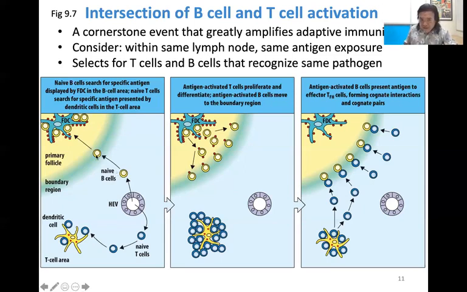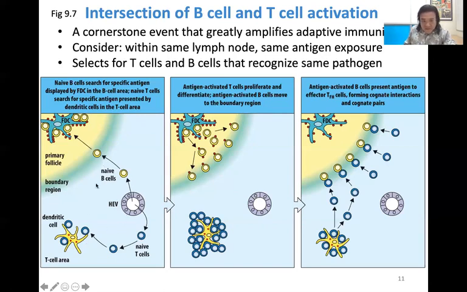So the naive B cells, as we said before, are encouraged to go up to the primary follicle, where they have a chance to see this antigen being presented by the follicular dendritic cells. Meanwhile, the naive T cells hang out in this light blue area, which we just call the T cell area of the lymph node, where normal, everyday, common dendritic cells have arrived. These are the ones we learned about before that packed up the antigen, trucked it over to the store, and now in the store, this is the salesperson with the B7 badge on it.